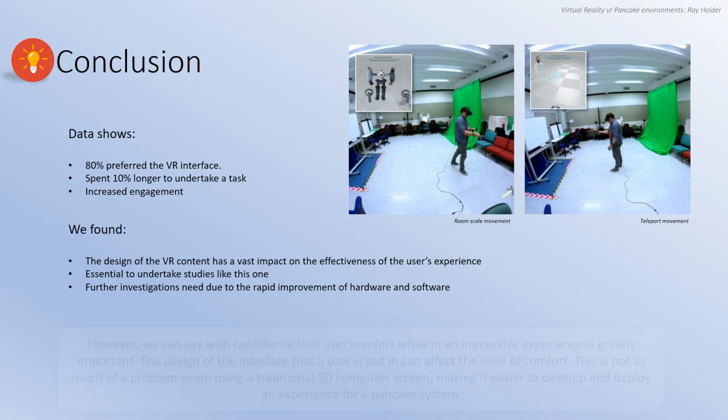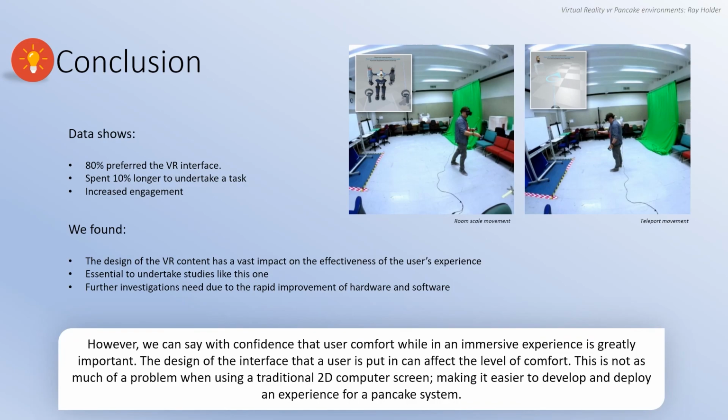However, we can say with confidence that user comfort, while in an immersive experience, is greatly important. The design of the interface that the user is put in can affect the level of comfort. This is not as much of a problem when using a traditional 2D computer screen, making it easier to develop and deploy an experience for a pancake system.